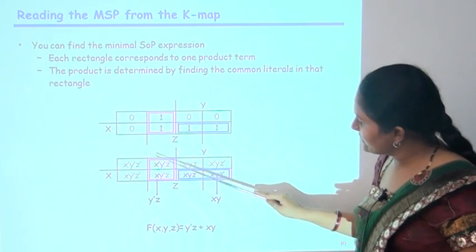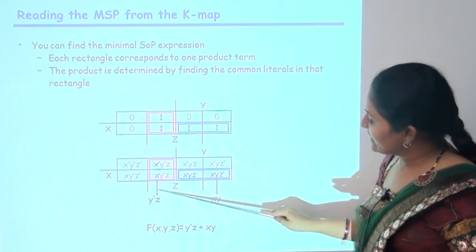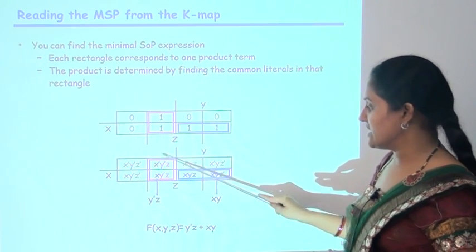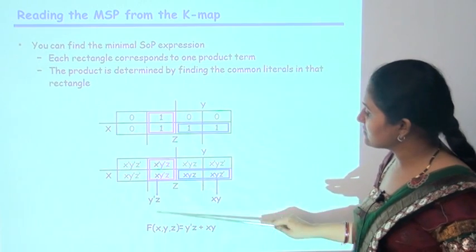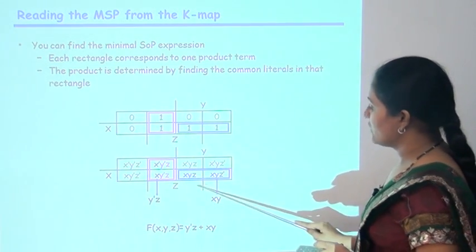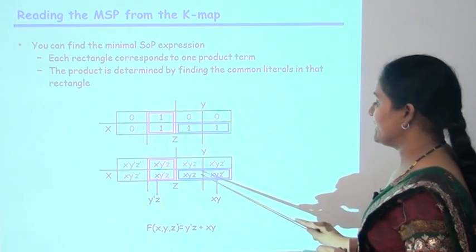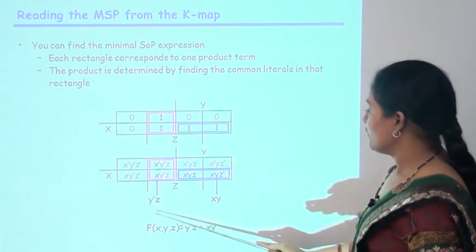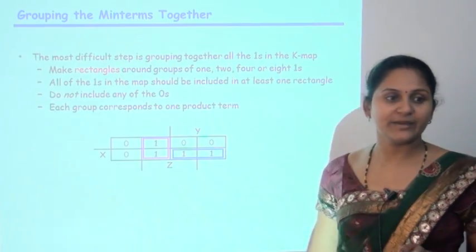So here in this section we can take common as y' and z. So x' plus x, that is 1. So this total column is y' z, and here in this row we can take common xy. So z plus z', that is 1. So this is the xy row. So our function is y' z plus xy.